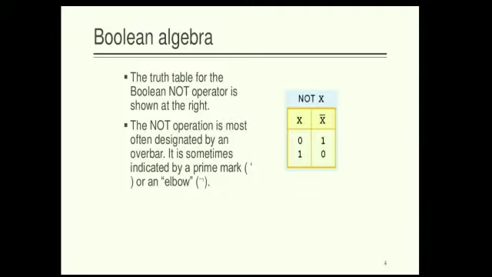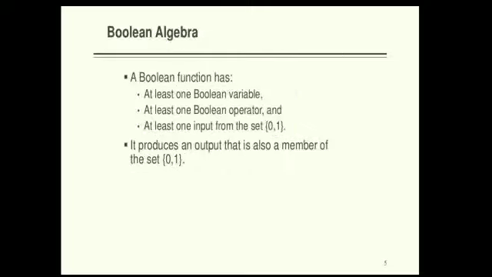A truth table for the Boolean NOT operator is shown here. The NOT operation is most often designated by an overbar, sometimes by an asterisk, elbow, or complement.